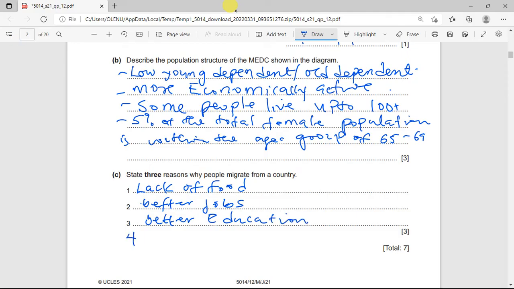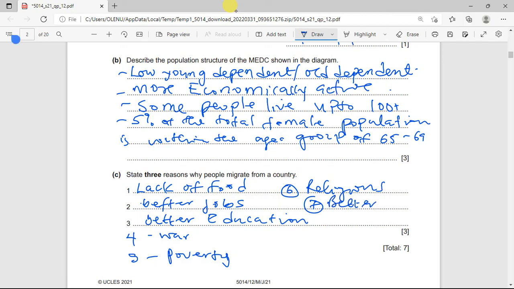People also move because of war. People also move because of poverty, that they have a very low standard of living and they want to improve it. People can also move for religious reasons. People can also move for better health care. So any of these.